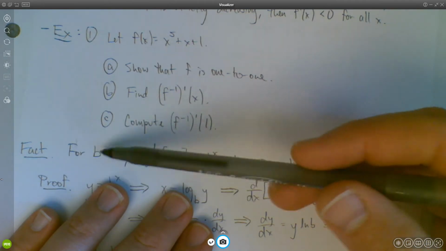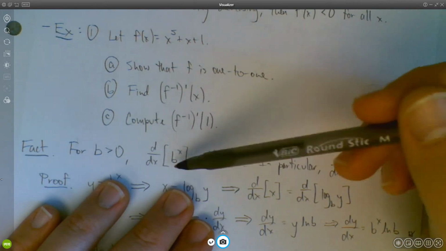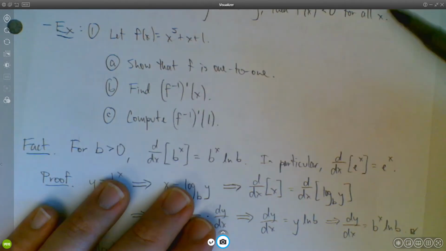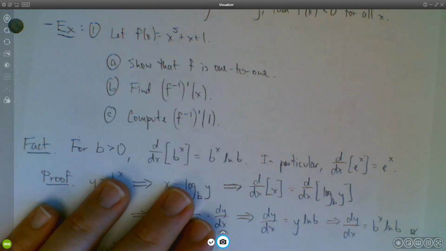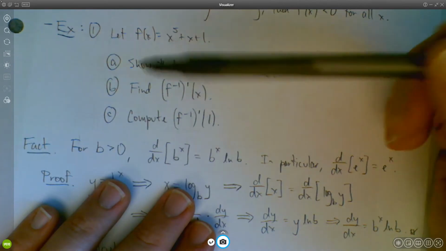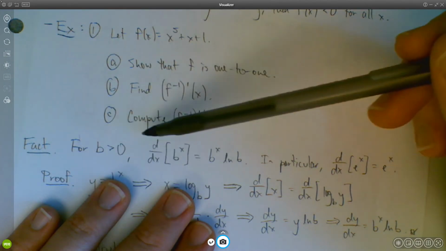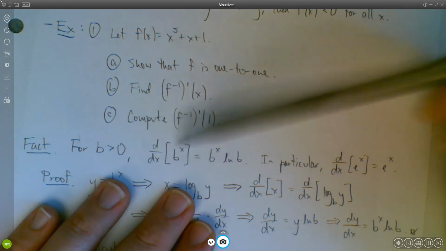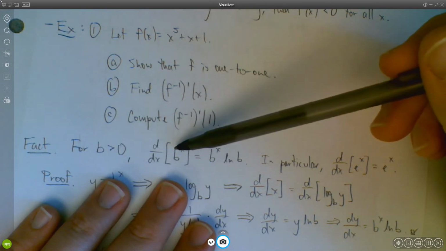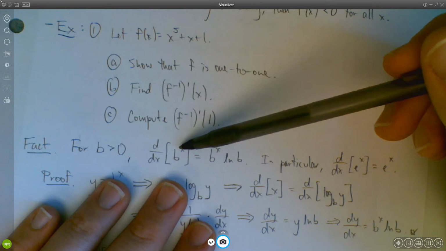If b is less than 0, then b to the x is a really strange function. You should go to Desmos and type in -2 to the x power. Put parentheses around the -2, and you'll see that strange things happen with that function. In particular, to clarify a little more, what is the value of -2 to the x when x is 1/2?